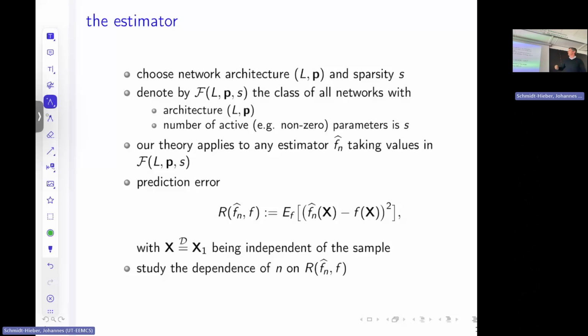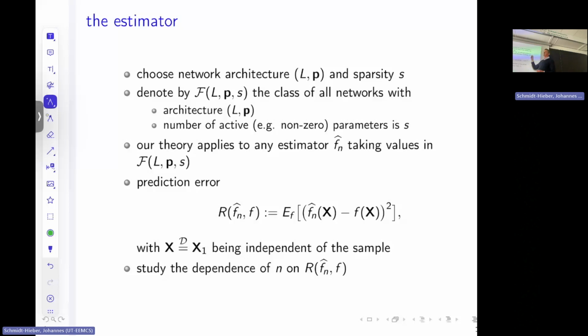Okay, so how do we set it up? A bit of repetition of this Andrew Barron stuff before. As in computer science, we pick the architecture beforehand. So that is not learned. We pick a number of hidden layers that we think is appropriate, and then also the width vector, how many neurons in all these hidden layers. So that's the L and the p. The L is the depth, p is the vector of neurons in the individual layers.